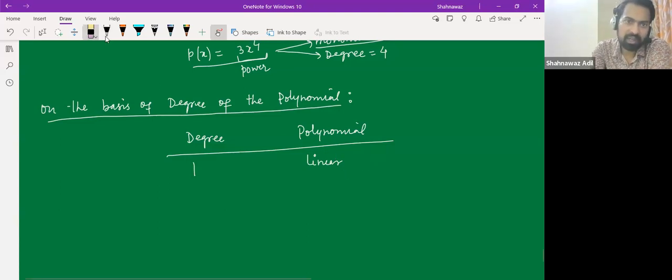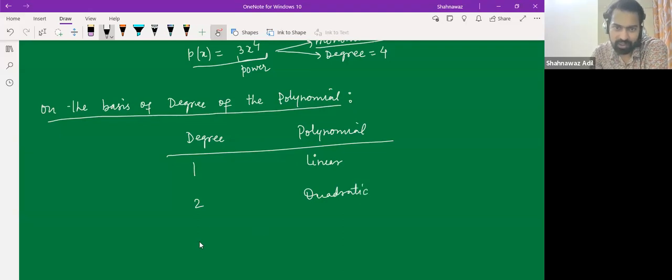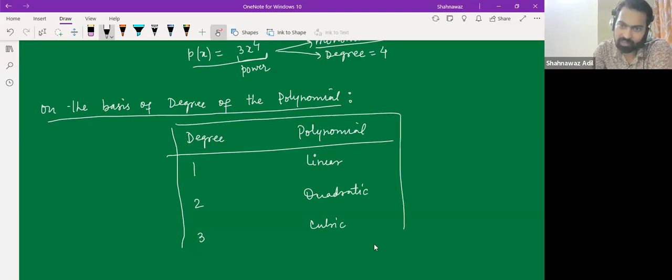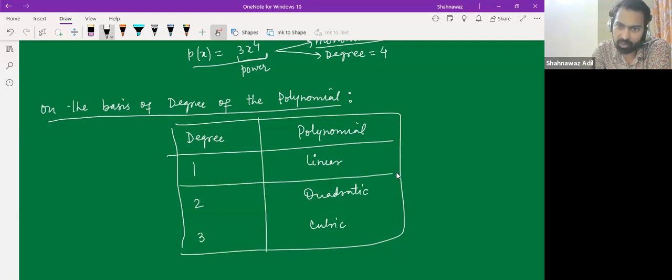And if I have a degree which is 2, this will be called a quadratic polynomial, right? And if I have degree equal to 3, this will be called a cubic polynomial. Okay, so this is the classification of polynomials based on the degree of the polynomial.